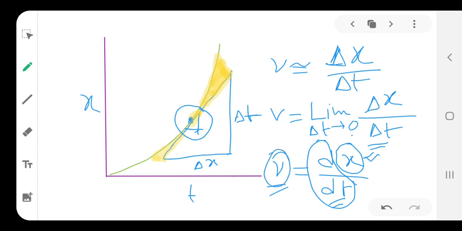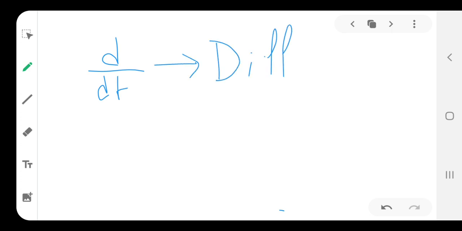This thing, d by dt, you cannot cut d and d. This d by dt is called the differentiator. So you cannot cut d and d.